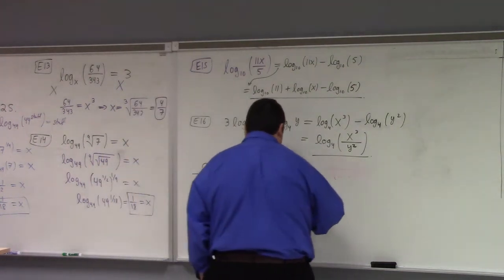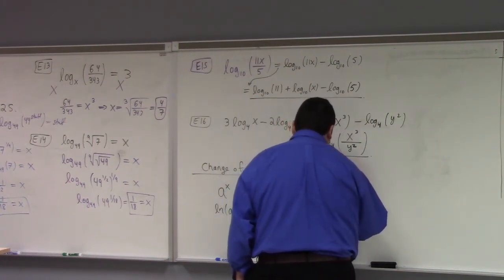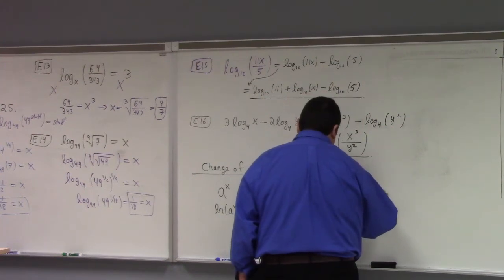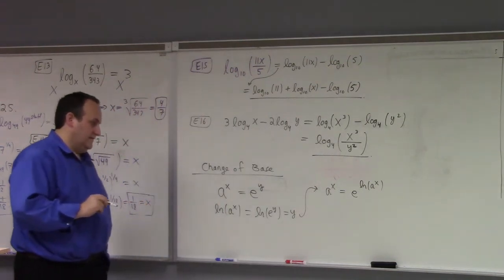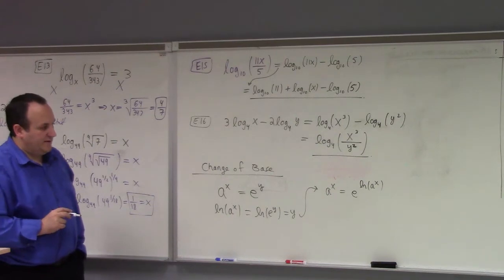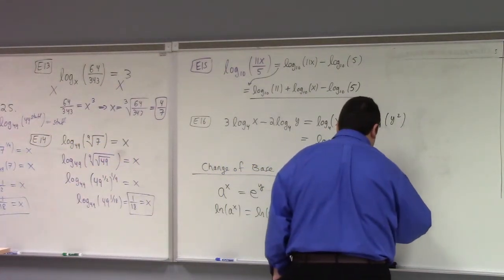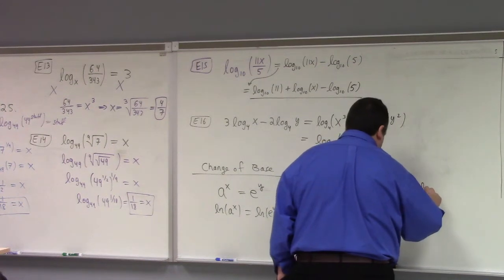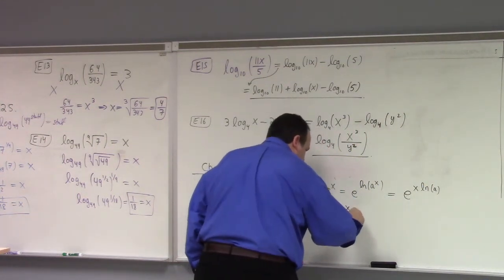So what this tells me then is that a to the x is equal to e to the natural log of a to the x. Can you guys tell me how to simplify natural log of a to the x? Well, x is the power there, right? We can pull it out. And what we have then is e to the x times the natural log of a. So there's the trick.